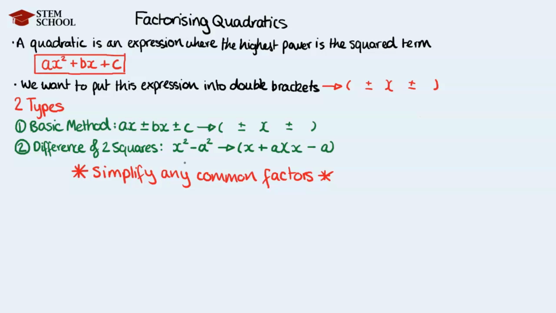This is still a quadratic, as the highest power is the x squared term. And when it comes to factorising questions, you should always try to look for common factors so you can simplify the expressions down, and then carry on with the factorising process.